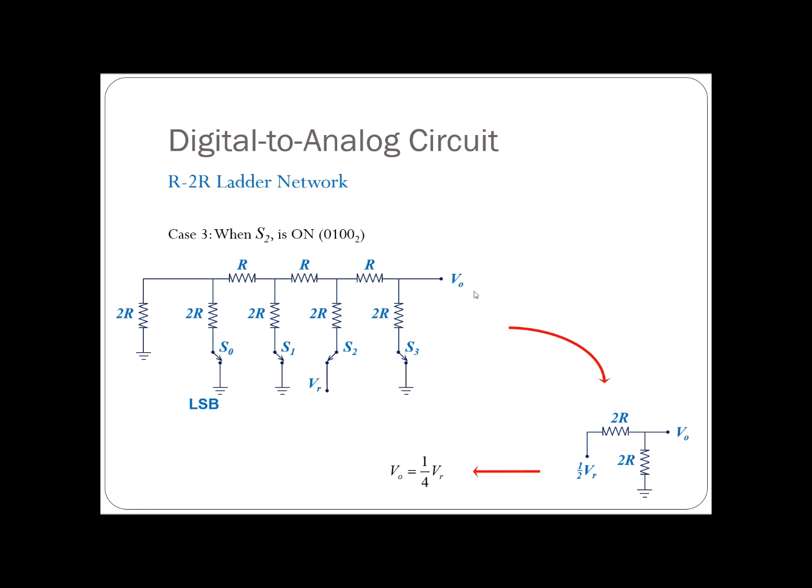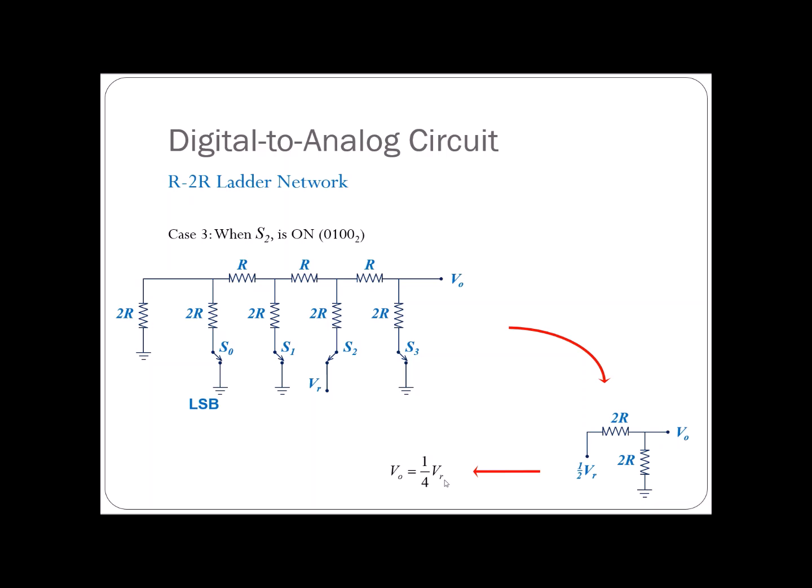Same thing, what if you have 0100? I analyzed this using Thevenin, and this is what we get. We have half VR as our Thevenin equivalent, but we still have 2R here. I analyze it again to find the output voltage from this Thevenin equivalent. The output voltage V naught will be equal to a quarter of VR.